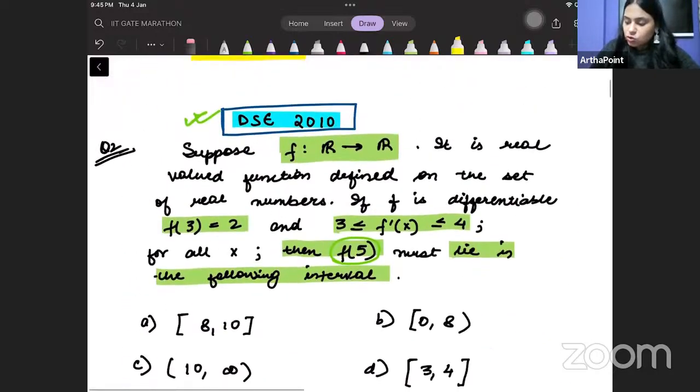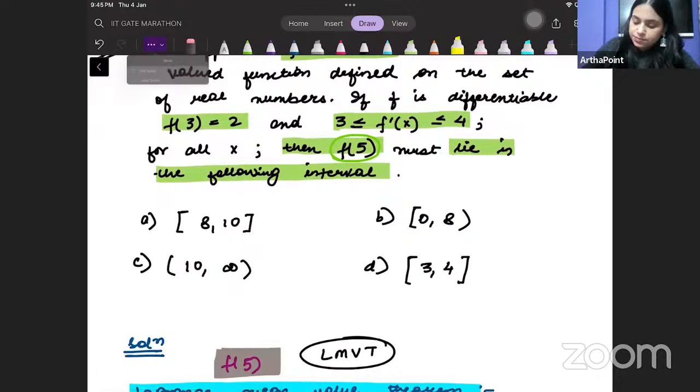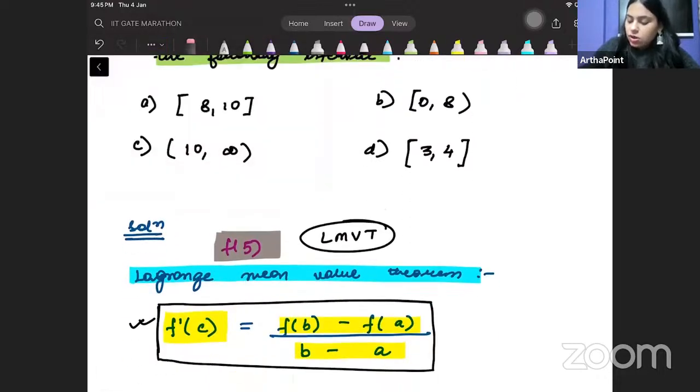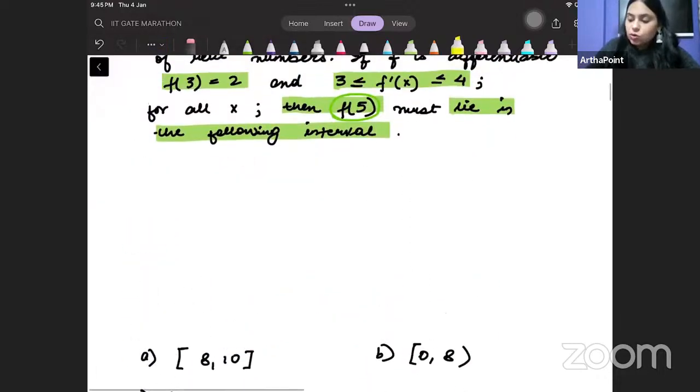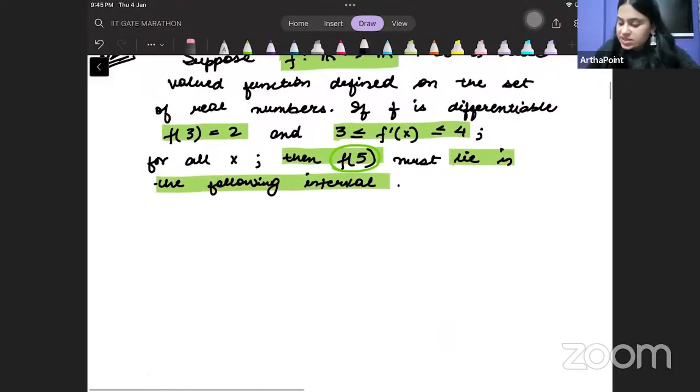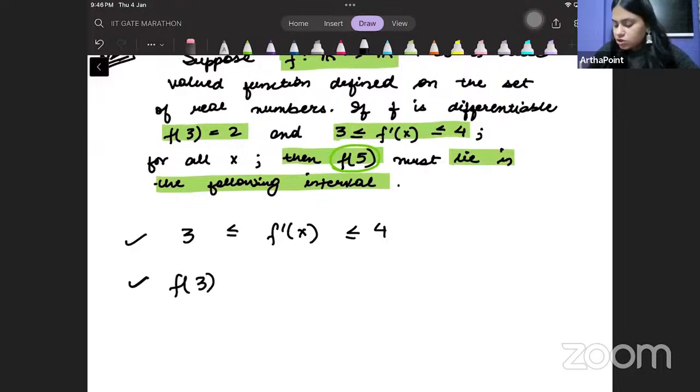बेटा अब वापस इस क्वेश्चन पे आ जाओ, देखो ध्यान से समझो बात को. Now, the question is telling me that f dash x is between 3 to 4. The question is also telling me that the value of the function at 3 is 2.